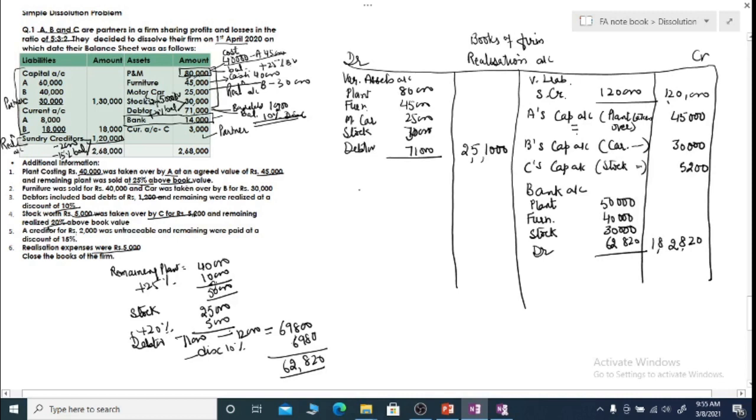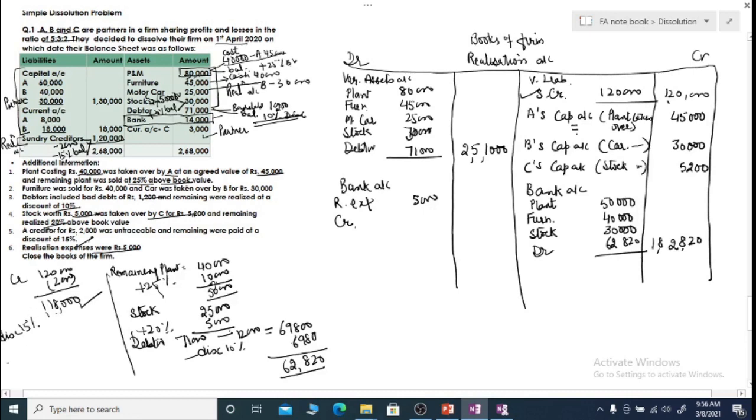So payments are, in order to make the payments, we are to pay towards the expenses first. So realization expenses are 5,000. So these will be paid, and then you will pay the liabilities. Your liability is creditors. So you pay to the creditors. How will you pay? It says that out of creditors, 2,000 worth of creditors are not traceable. So if we cannot trace any person, we cannot pay him also. So we'll pay to the creditors of 1,18,000, and they are giving us discount of 15%.